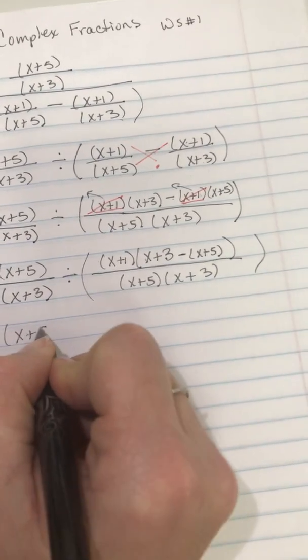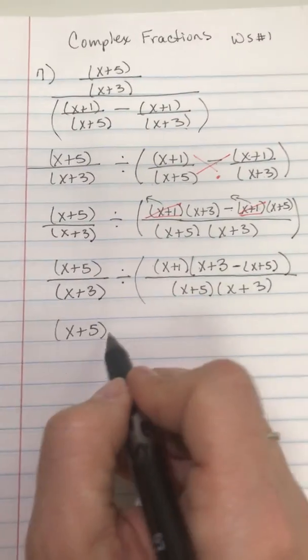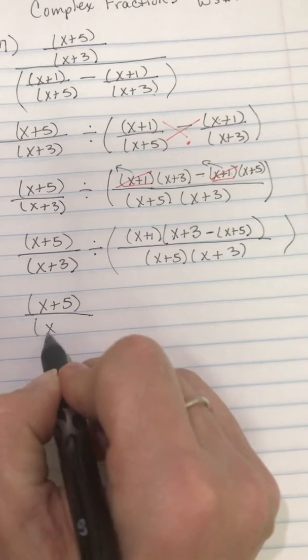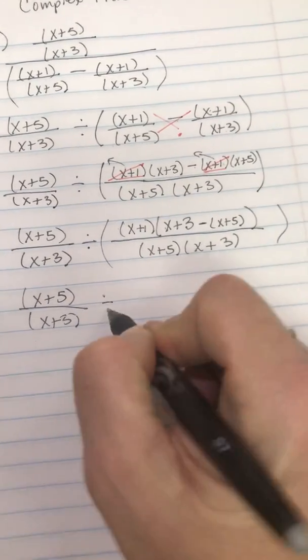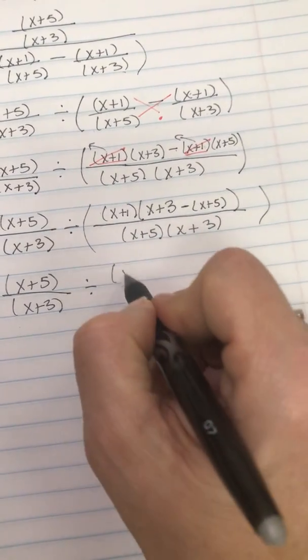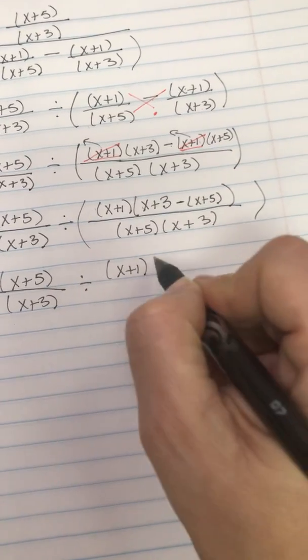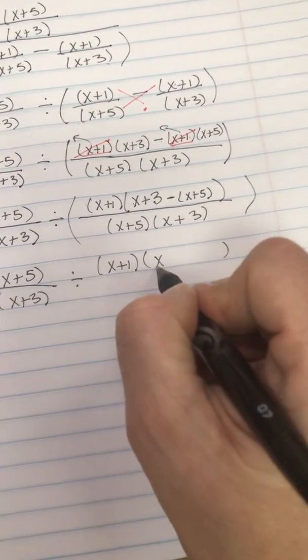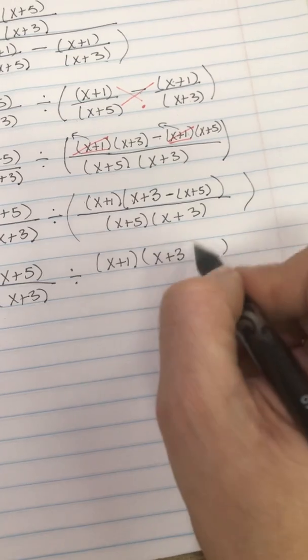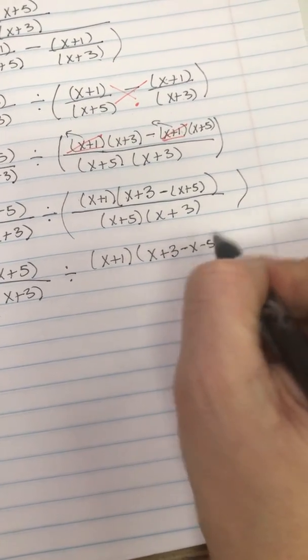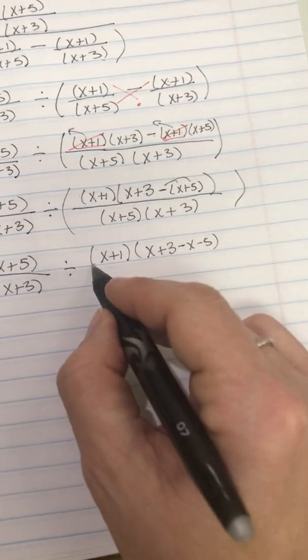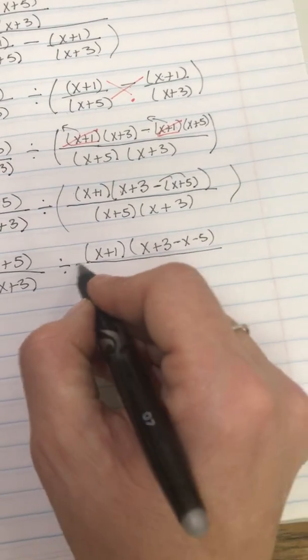So I have x plus 5 over x plus 3 divided by x plus 1 times x plus 3 minus x minus 5. I had to distribute that negative right there.